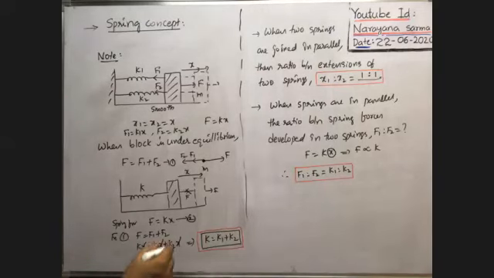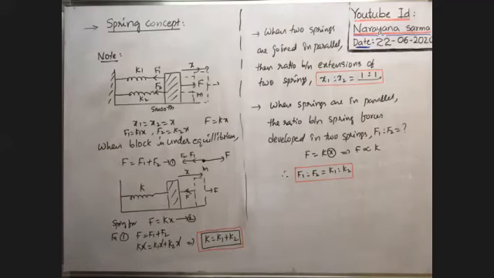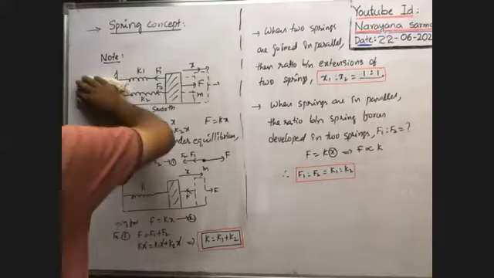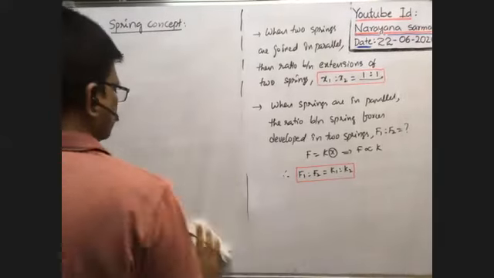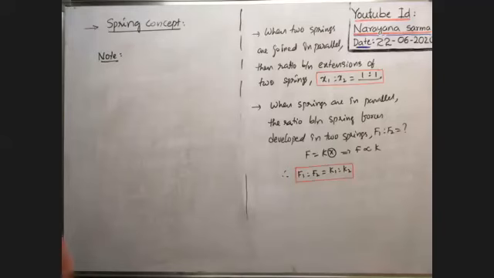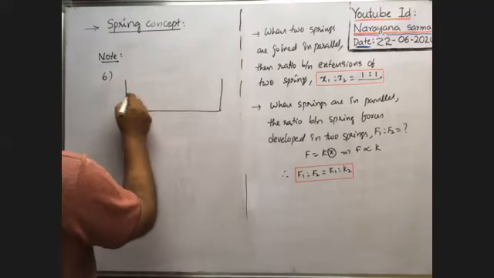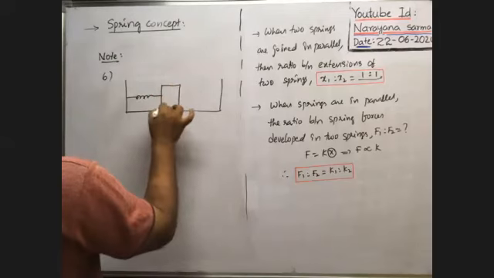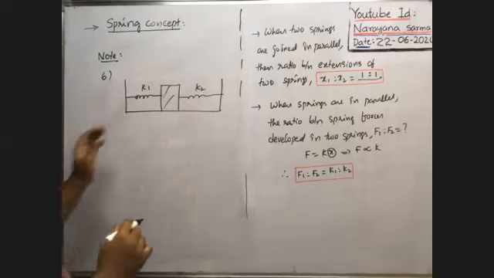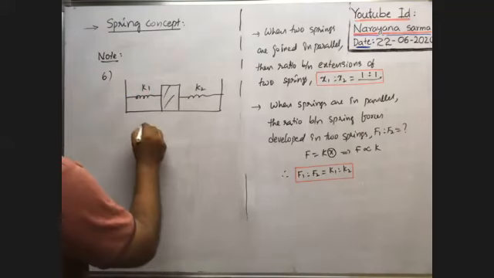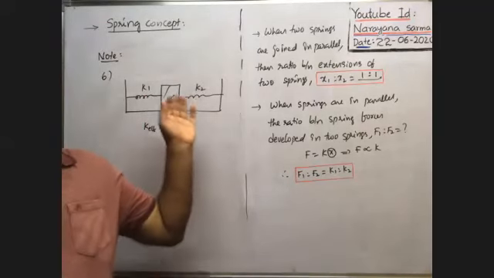Now, in the sixth note point: when a block of certain mass is connected with two springs like this, what is the effective spring constant of these two springs?